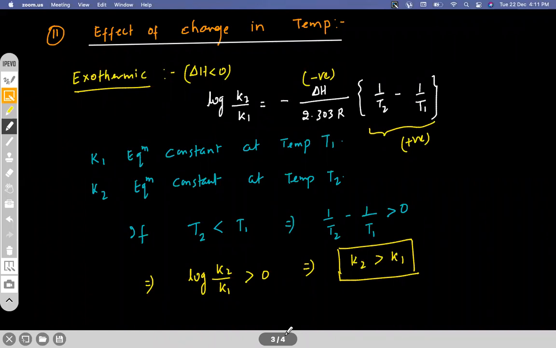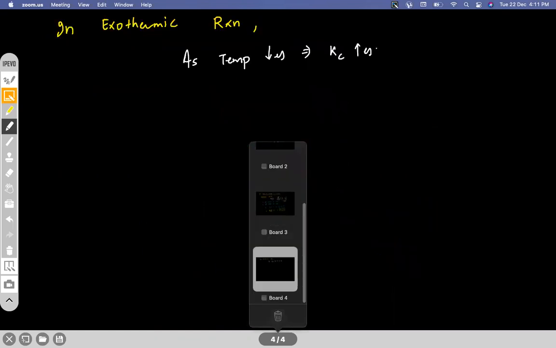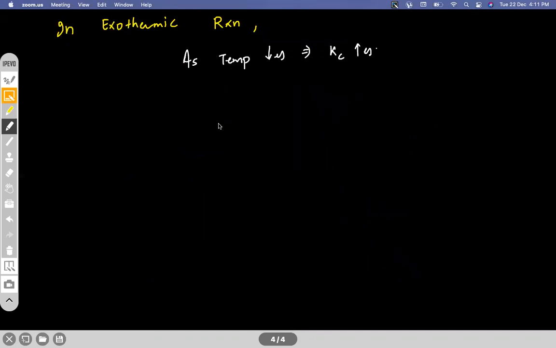As temperature decreases, the equilibrium constant increases. And if we talk about the opposite, as temperature increases, the equilibrium constant decreases. So it is inversely proportional in an exothermic reaction.